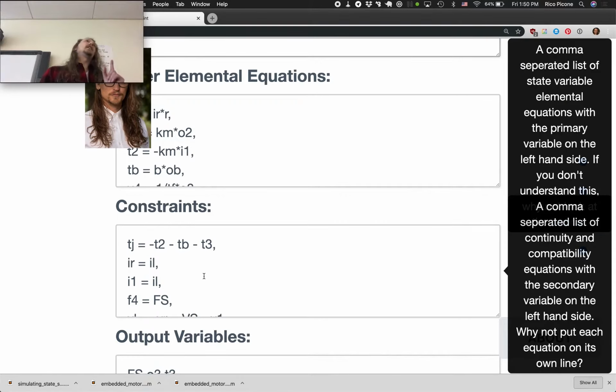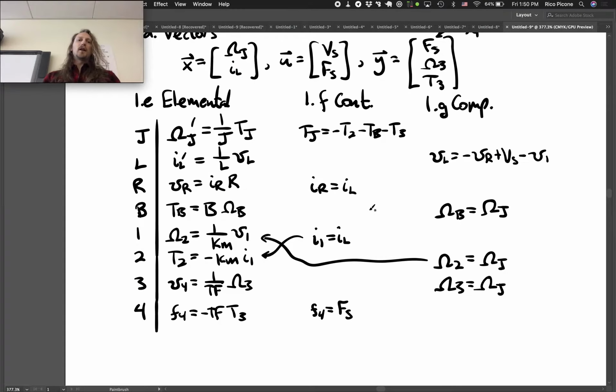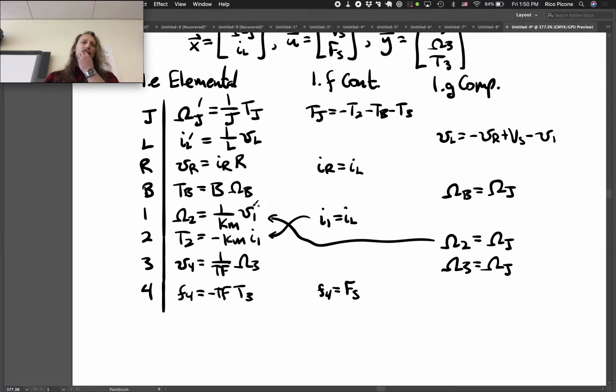The gotcha here, though, is that you have to write the constraint equation, or the elemental equation. So we already write our constraint equations with the secondary variable on the left-hand side, right? What we have been a little fast and loose on is that we're supposed to be writing our elemental equations with the primary variable on the left-hand side.